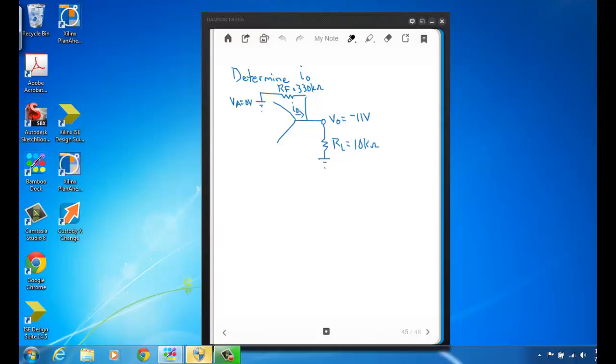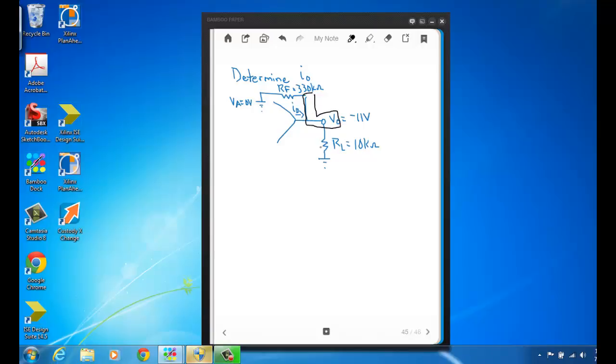And then we're going to use the value of V out being equal to minus 11 volts in this analysis. Alright, well, to get this current, all we're going to do is a KCL equation here at this node, the V out node.